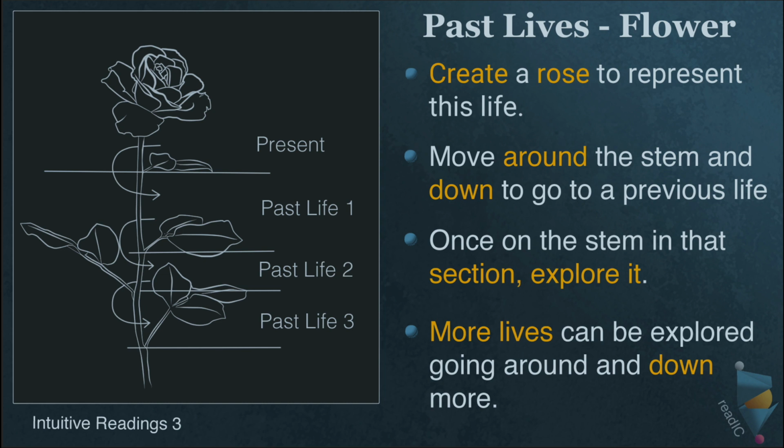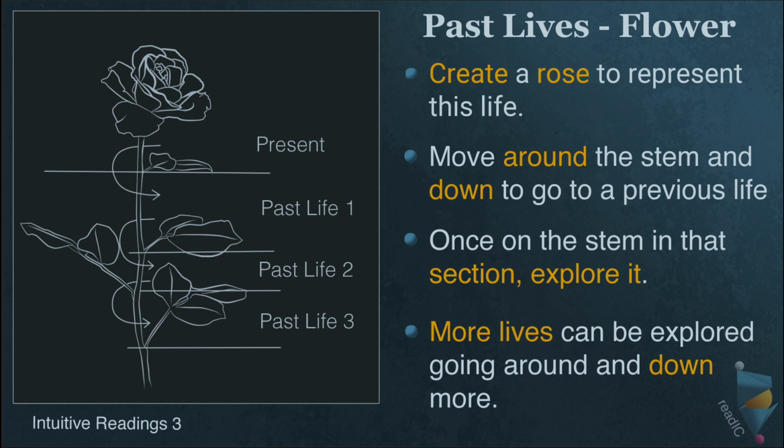A lot of times the peanut gallery is the place where people's focus is, so that's important, or their future, or maybe a situation that's happening right now, or something in their past that needs to be cleared. So you basically have these themes coming up. So if past lives is one of those things that come up for the person, you have the tools to do it. So these tools are very relevant. Then you can go around the stem every time to get to a previous life.